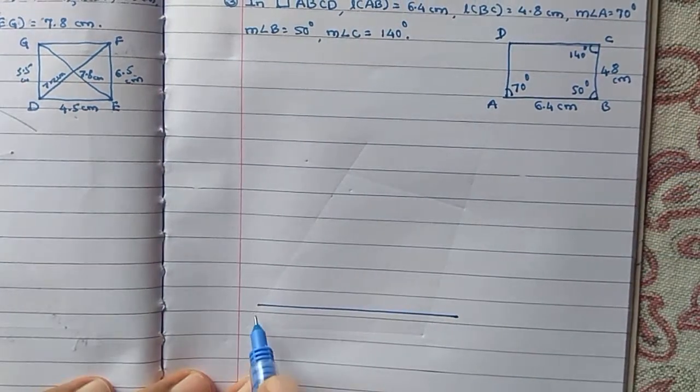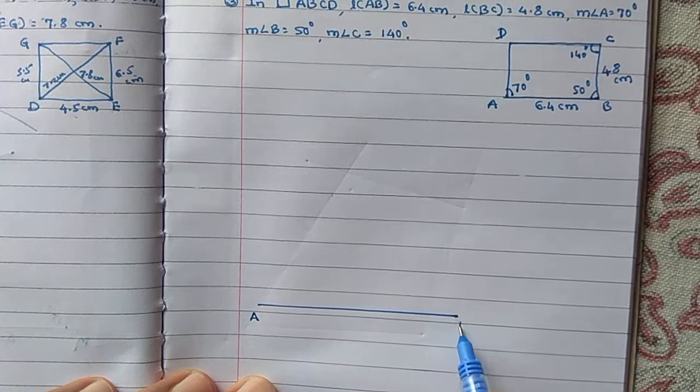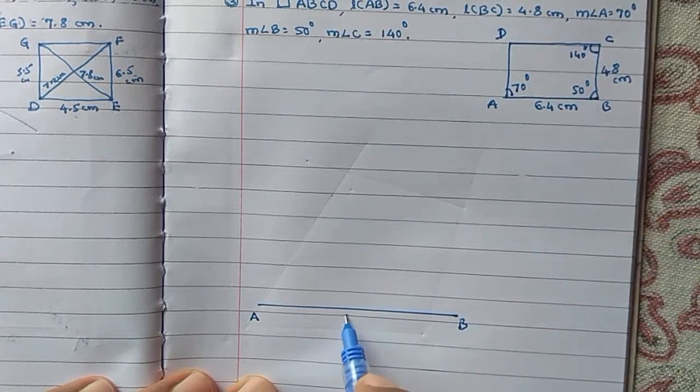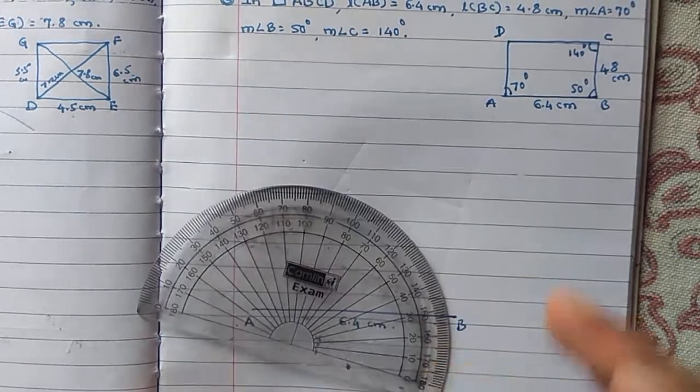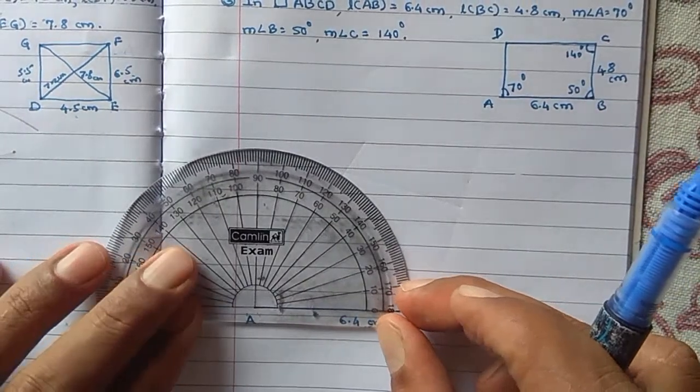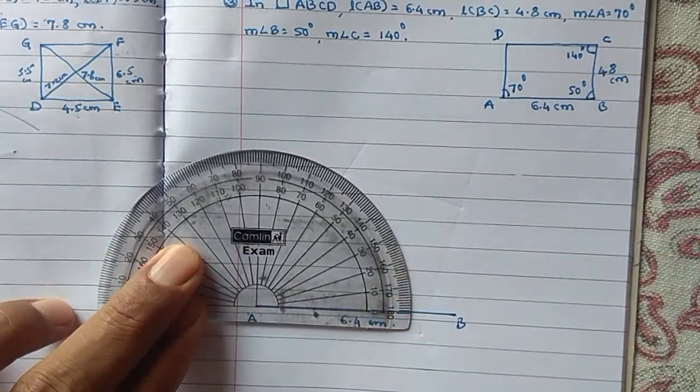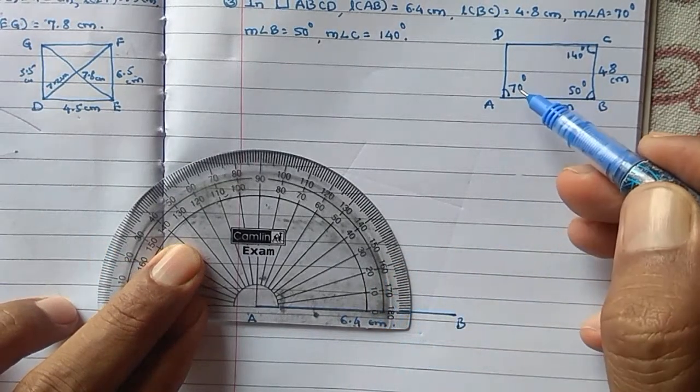Name it as AB, whose length we have taken 6.4 centimeter. Right. Then here these two angles are given. Then first from the vertex A, take the measure of the angle. What measure is given? 70 degree.